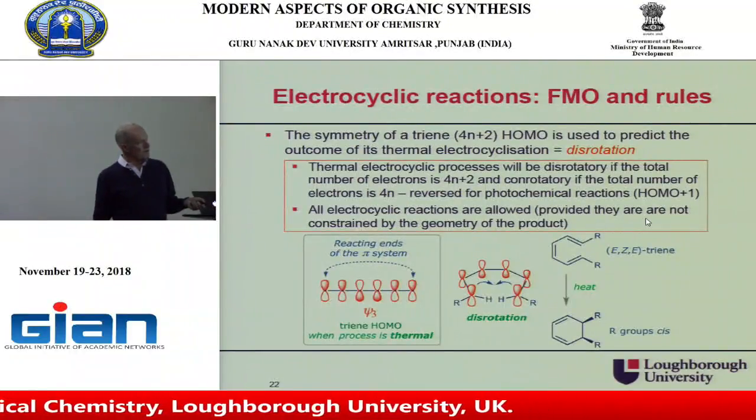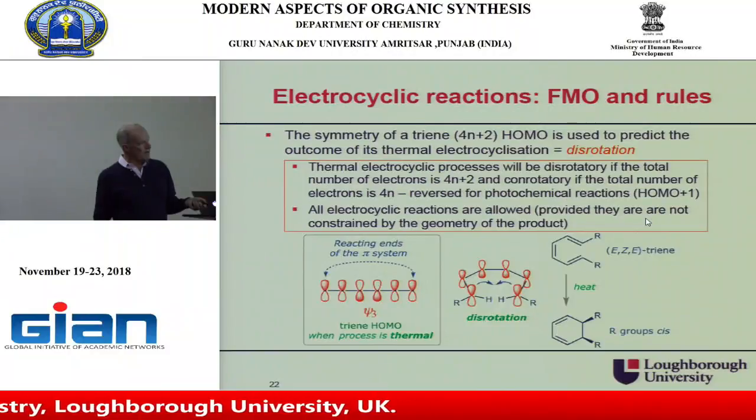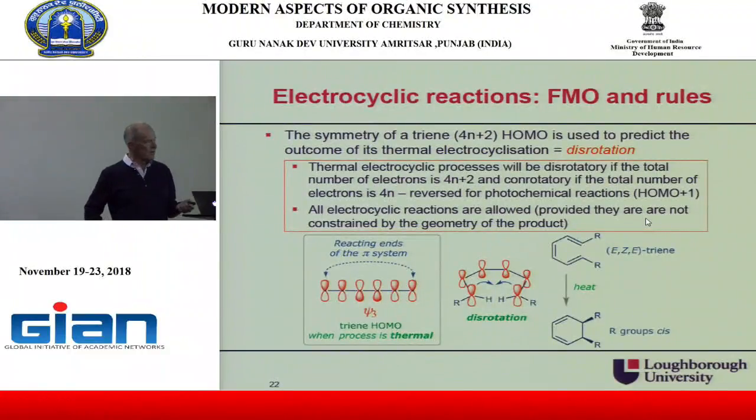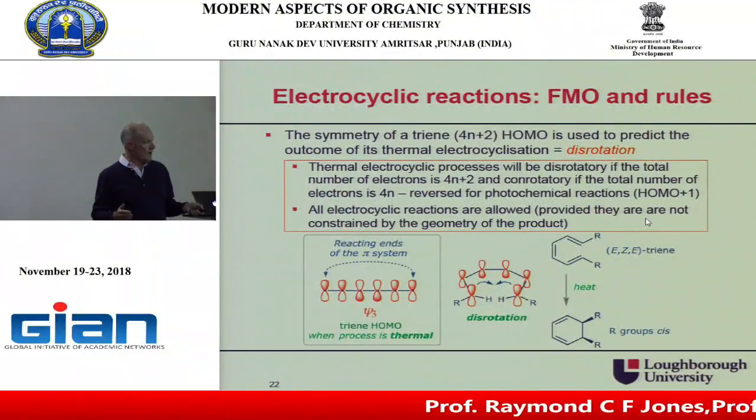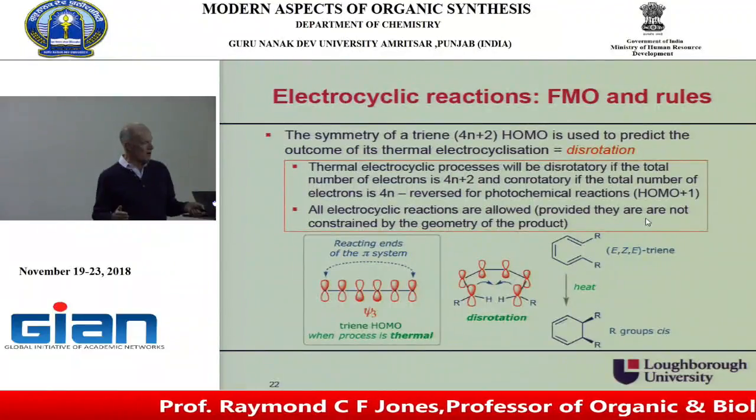To get good overlap, that top shaded lobe there has got to rotate inwards to meet that top shaded lobe there, which has also got to rotate inwards. Those two rotations are in opposite directions. That one is, if you like, clockwise, this one is anti-clockwise.